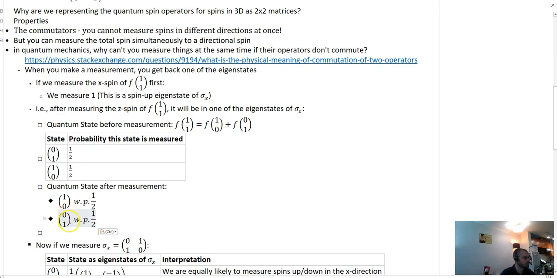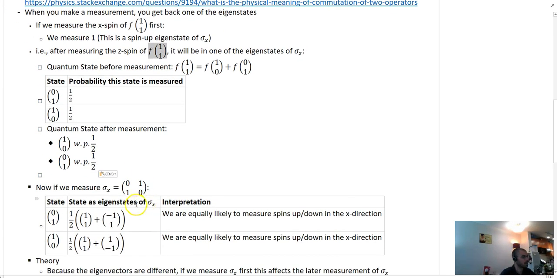All right. And so now after we've done the measurement, we're either in this state or in this state, right? We're no longer in this mixed state in terms of z's. So if we then go and measure x, if we're in this state with probability 1/2, then we can split it up and represent it as the x eigenstates.